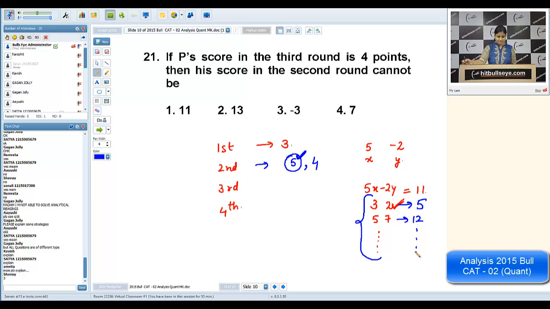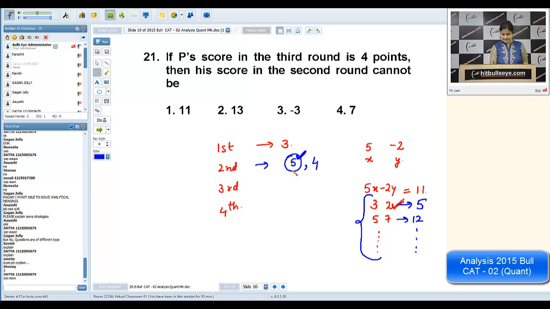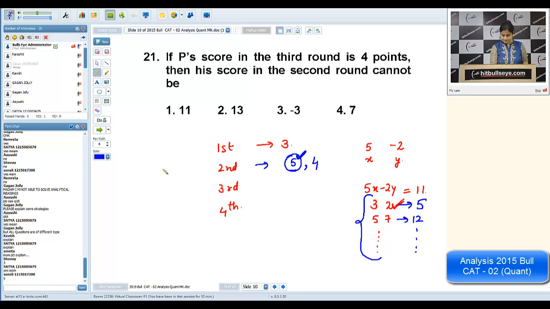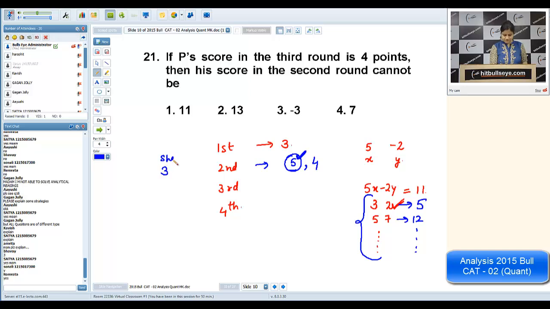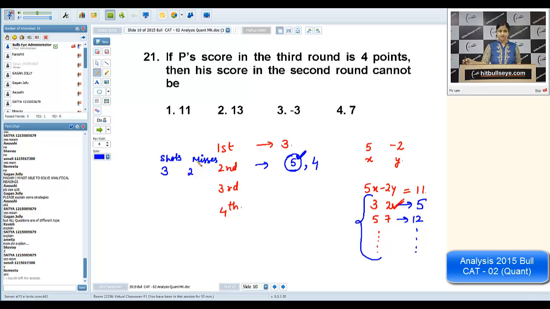Is it okay? If he is getting 5 aims, 3 are shots and 2 are misses, it means he is getting more than 50% but less than 100% shots. So in the next round he'll get 6 aims.